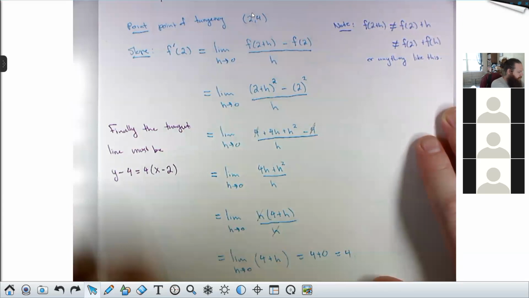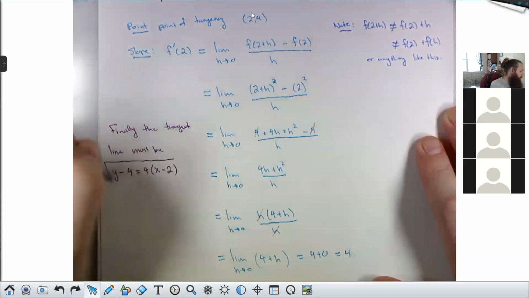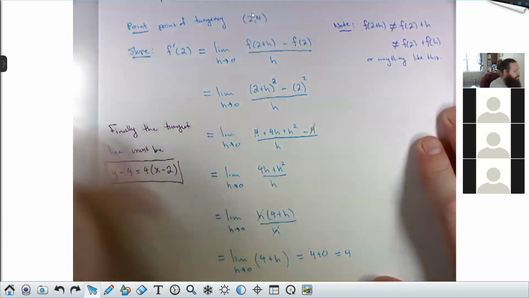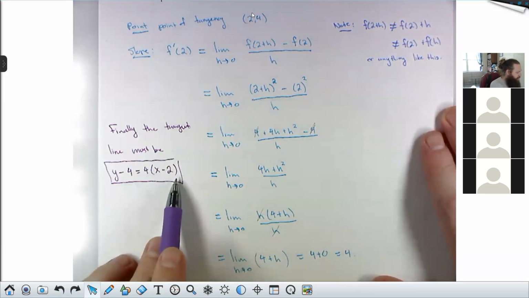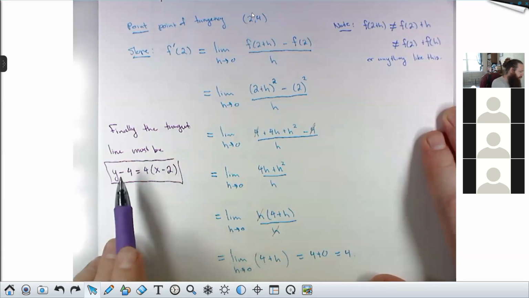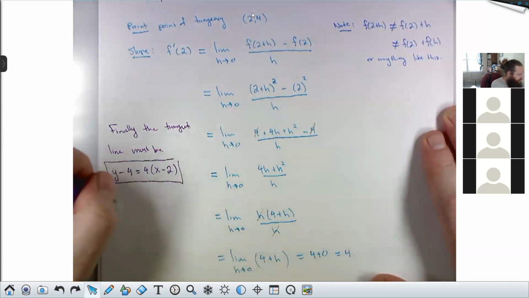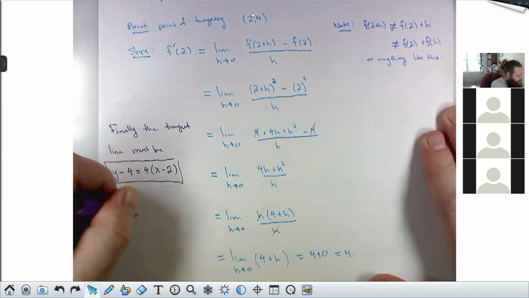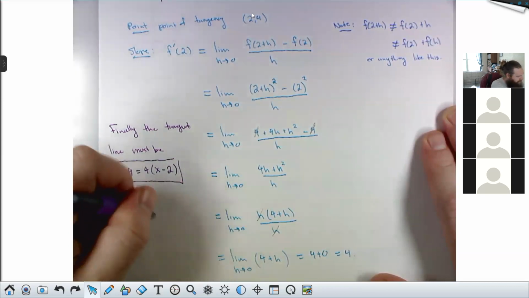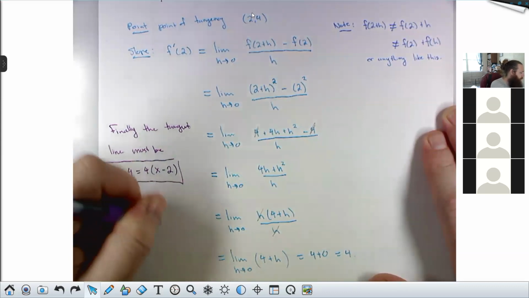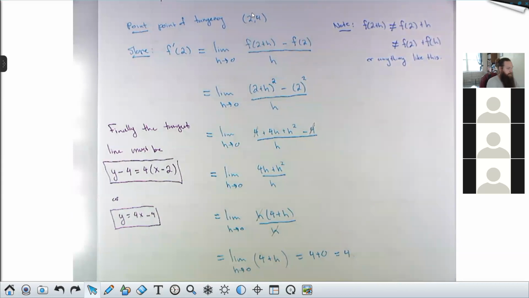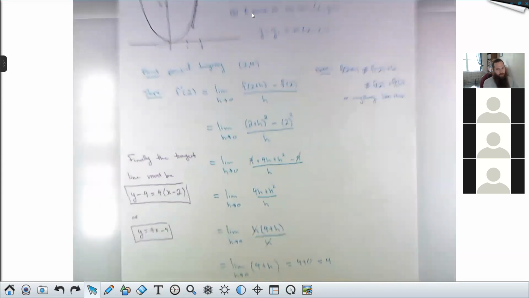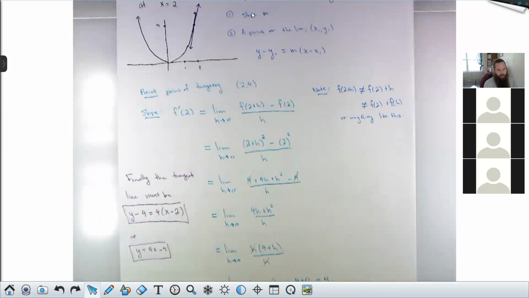And you could leave it like this. This is fine. Or if you really want to put it into slope-intercept form, this is 4x minus 8, minus 8 plus 4 is minus 4. So you could write this as y equals 4x minus 4 if you want. Either one's fine though. I honestly prefer the first one. But that's it. That is our first ever derivative and tangent line calculation.